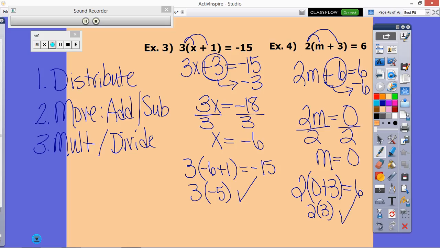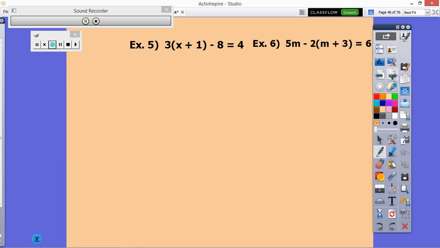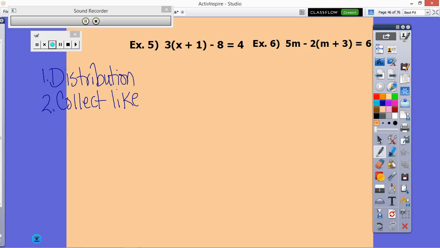Now let's notice the next 2 examples. These examples not only have parentheses, but they also have something additional added to the left-hand side of the equation. So this is going to require, first of all, the distribution that we did earlier. But now we're going to collect like terms. Now this is only done on each side of the equal sign.